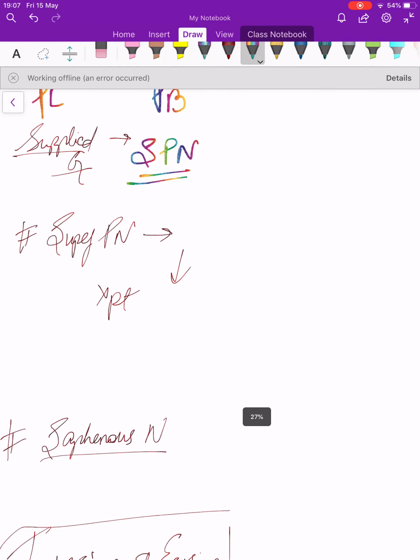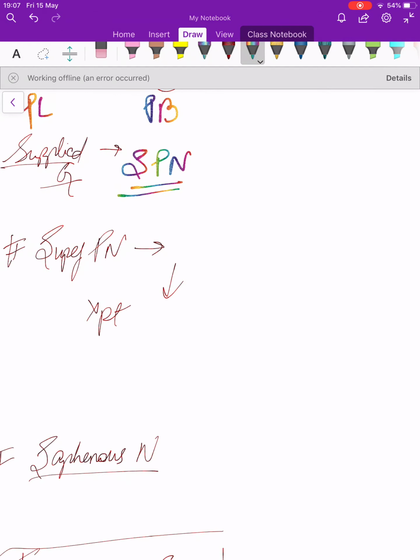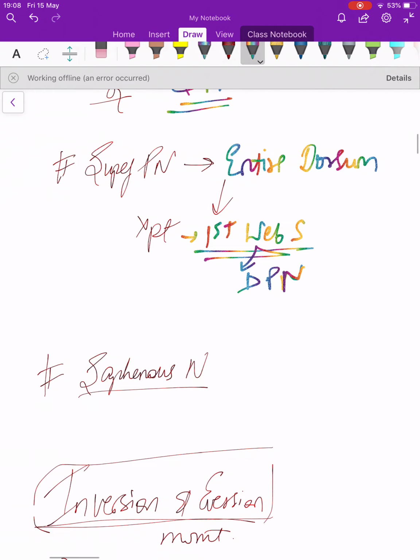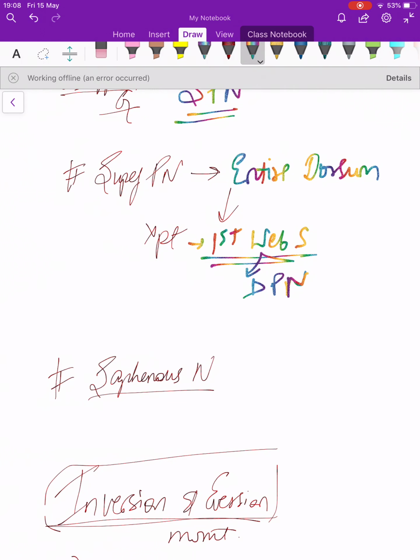The superficial peroneal nerve supplies the entire dorsum, except the first web space, which is supplied by the deep peroneal nerve. The lateral aspect of the foot is supplied by the sural nerve.